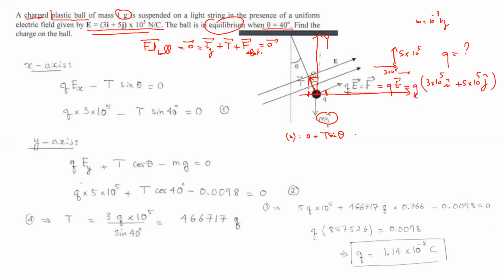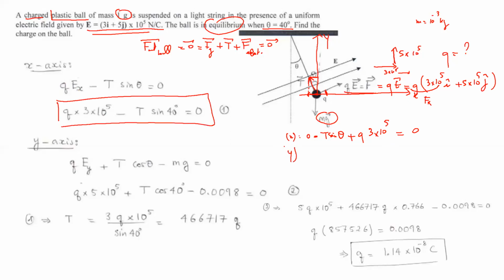So this will give me plus Q multiplied by 3 times 10 to the power 5. This gives me Fx, and the sum should be equal to 0. So I have my first equation.